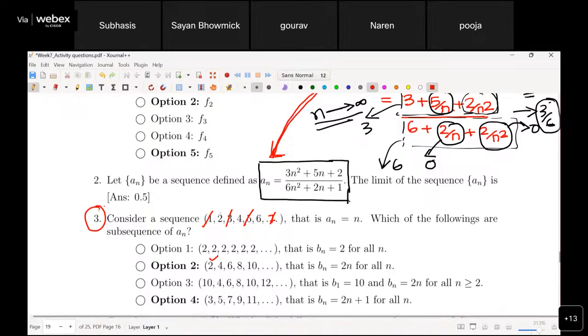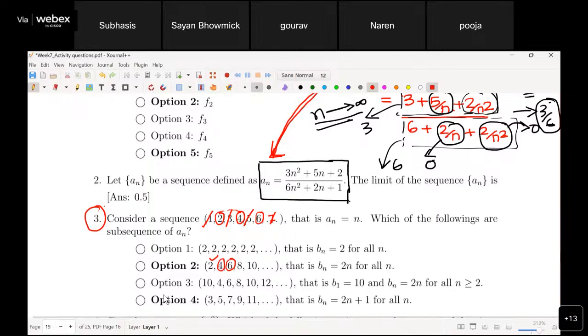I have 2 in my main sequence, and 4 appears after 2, which I maintain in my subsequence. 6 appears after 4, and the same thing I maintain in my subsequence as well, and the same process continues.